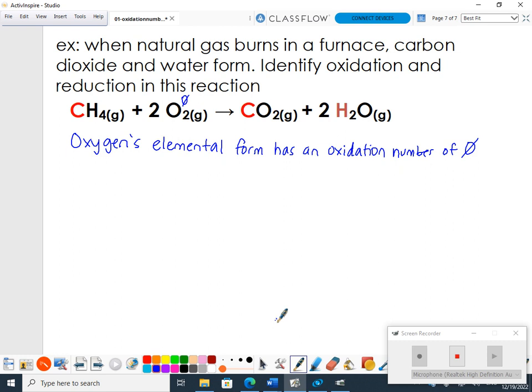That was the first rule in our list of rules, so I would just keep going with the rules. The other two rules we're going to use here: hydrogen has to be +1 when it's in a compound, and oxygen is -2. So let's use those.